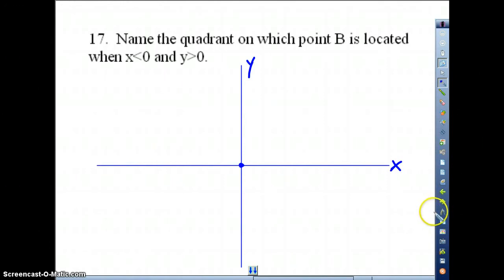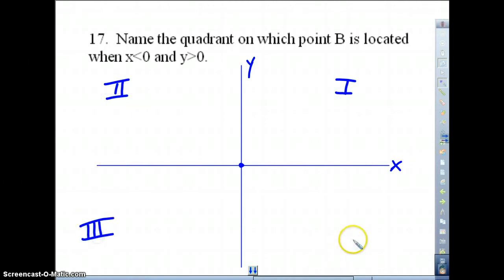17. Name the quadrant on which point B is located when x is less than 0 and y is greater than 0. Okay, this is quadrant 1, 2, quadrant 3, quadrant 4. All right. We're going to start at the origin. On which side of the origin, the left or the right, are your x values less than 0? Yep, this way your x values are less than 0.